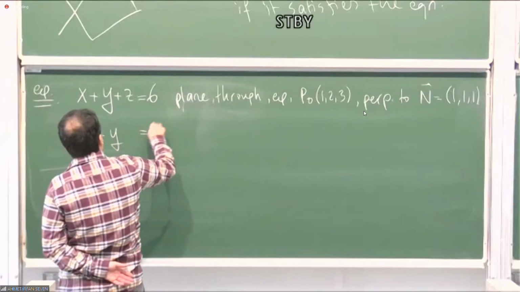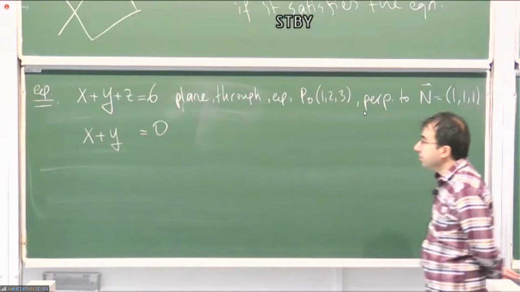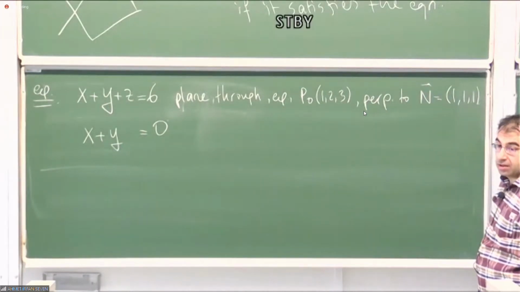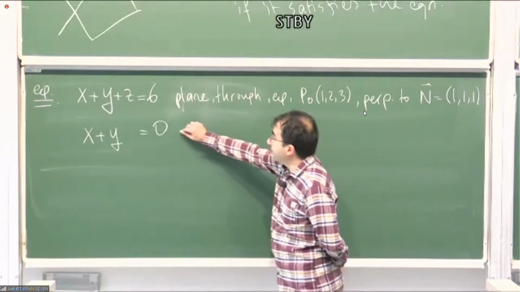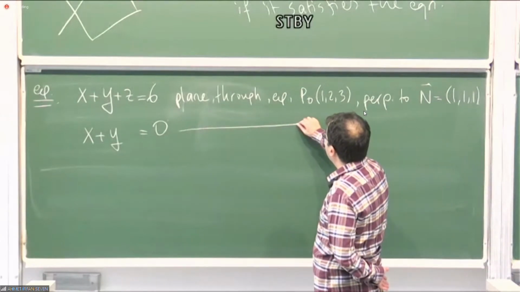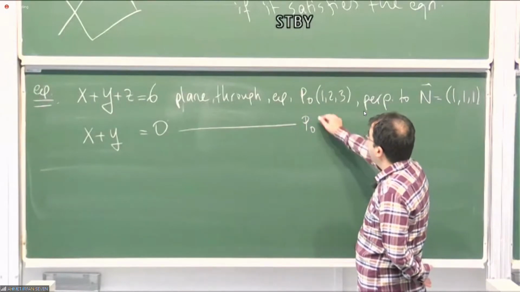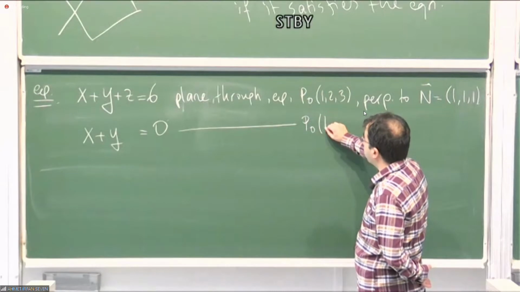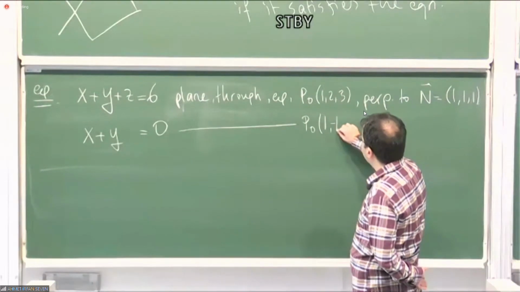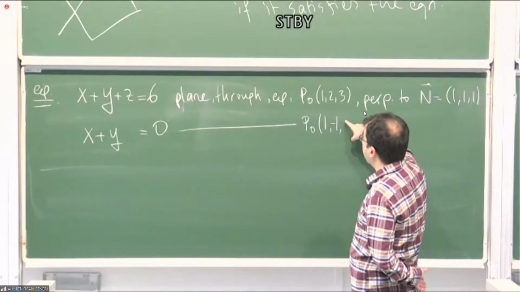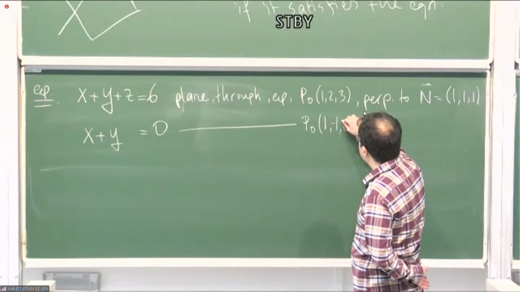Okay, let's write one more. x plus y equals 0. This also defines a plane. Let's find a point on this plane, any point that satisfies the equation. For example, x is 1, y is minus 1. z could be anything, for example, 0.